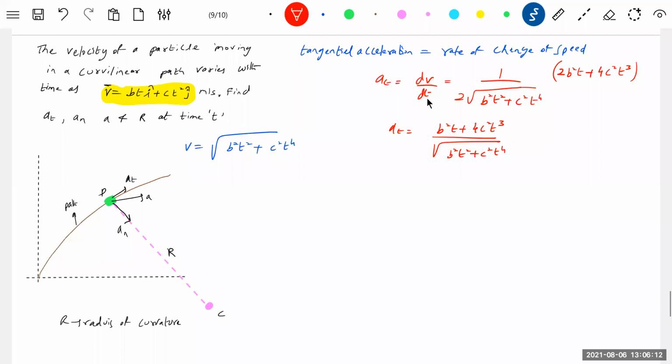Sir, 2c square t. Oh yes, 2 will be there: 2c square t cube. Okay, done. So this is the tangential acceleration I got.